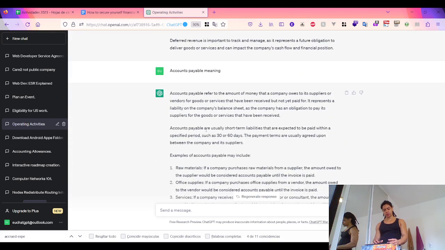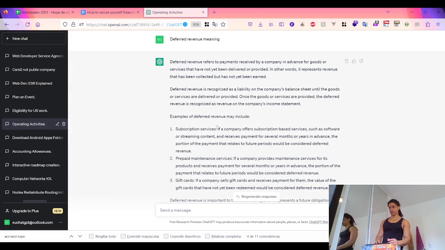Okay, so this deferred revenue means payment that you have collected in advance for goods or services that have not yet been delivered, such as subscription services.